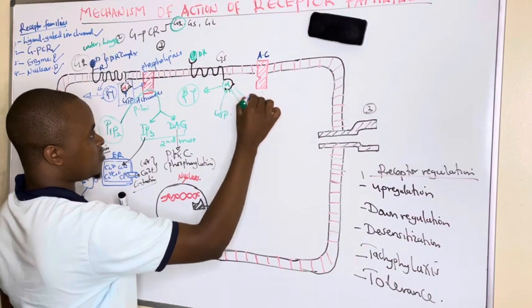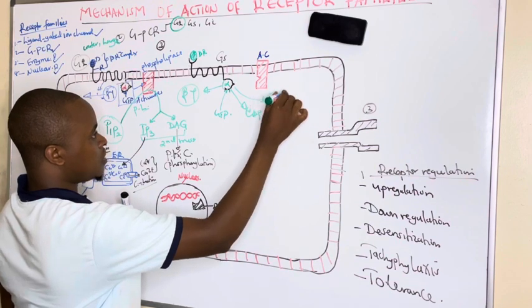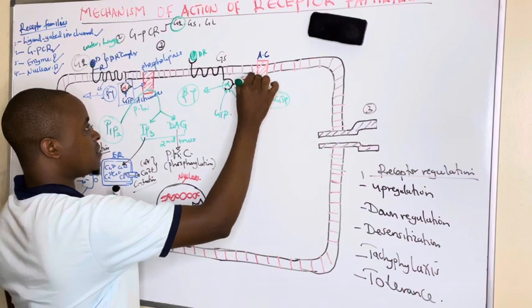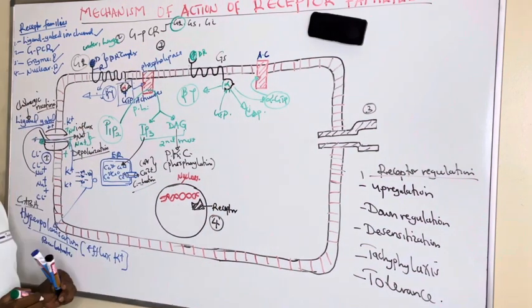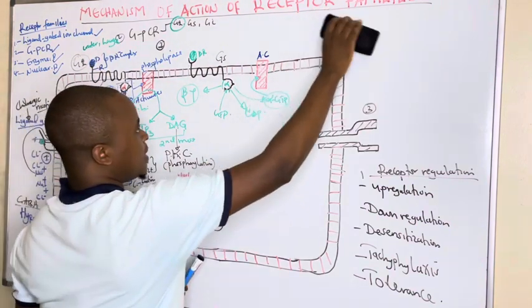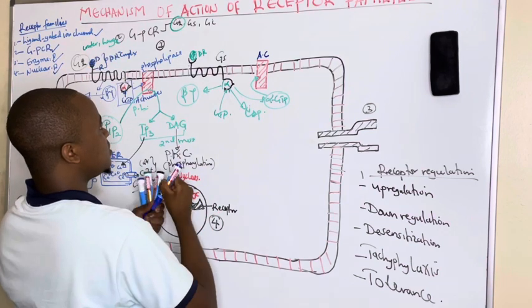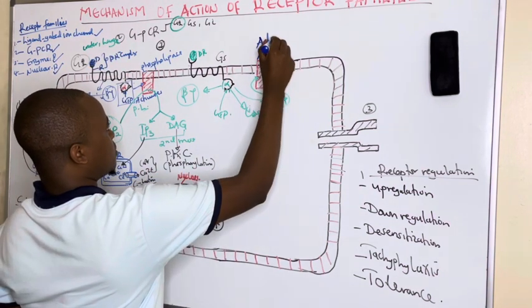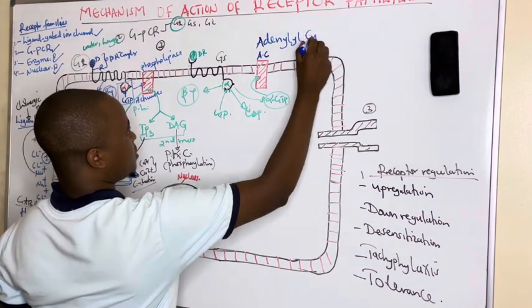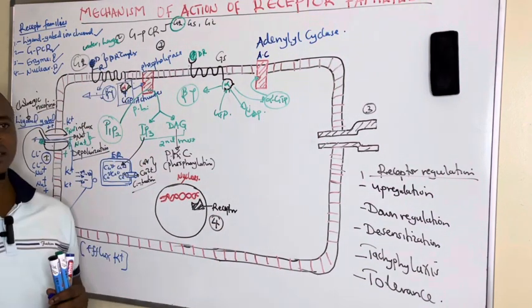It is this alpha-GTP complex that comes and activates the cell membrane enzyme known as adenyl cyclase. So we are going to see activation of adenyl cyclase, an enzyme which is inactive and is activated by the alpha-GTP complex.